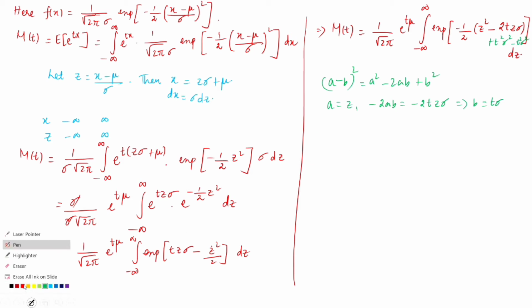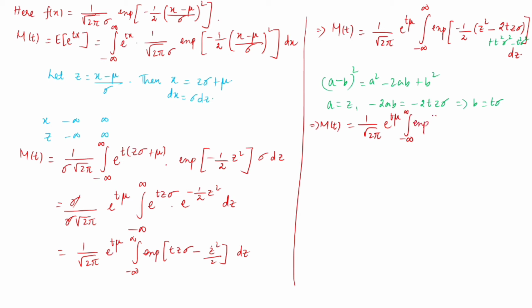So our M of t becomes 1 upon under root 2 pi e to the power t mu. It is from minus infinity to infinity exponential of minus half times of z square minus 2tz sigma plus t square sigma square. Okay, that minus t square sigma square along with this one, that one we write separately since it is independent of z. So that becomes what?